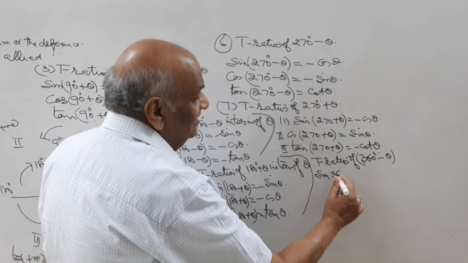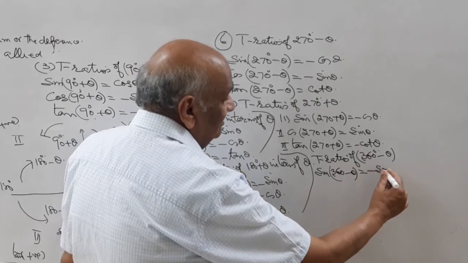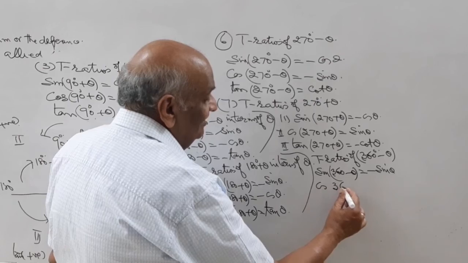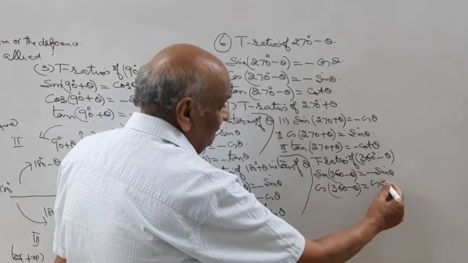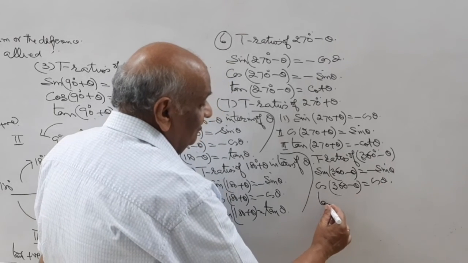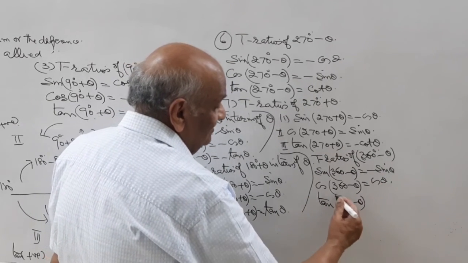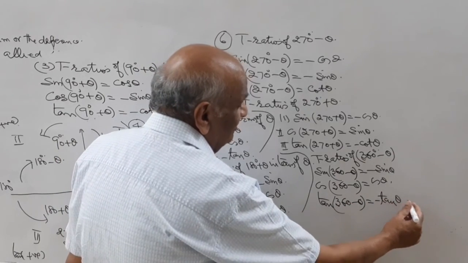Sin 360 minus theta is minus sin theta. Cos 360 minus theta is cos theta, whereas tangent of 360 minus theta is minus tan theta, the fourth quadrant.